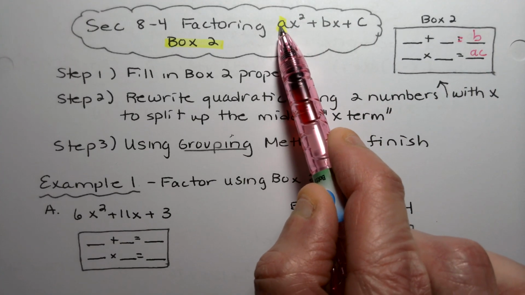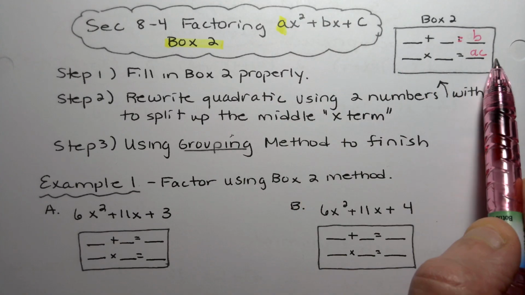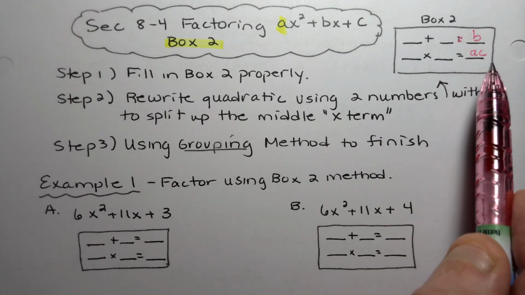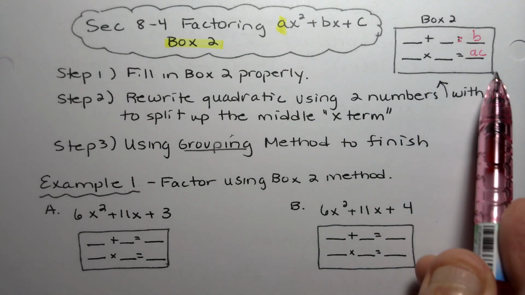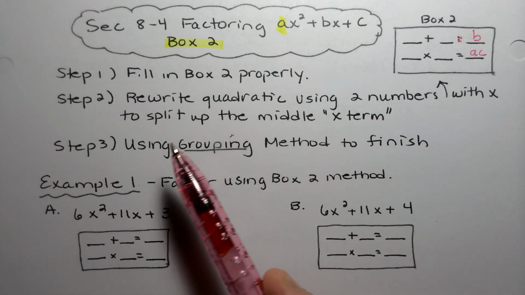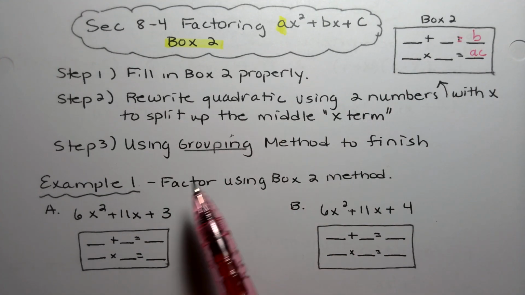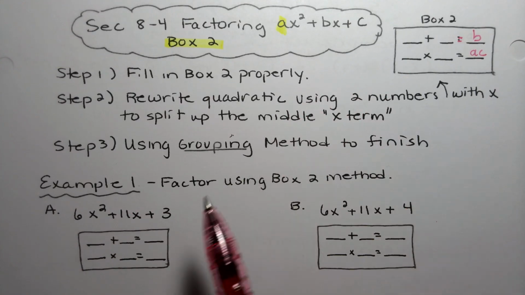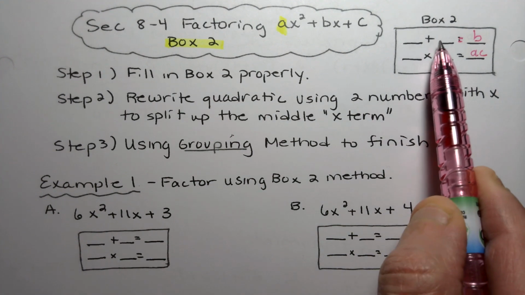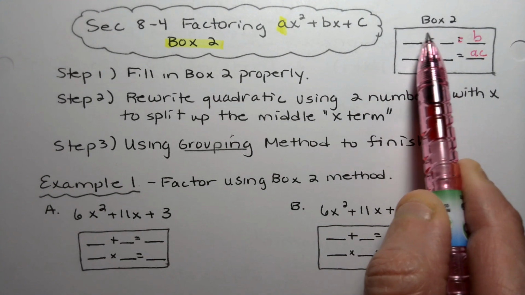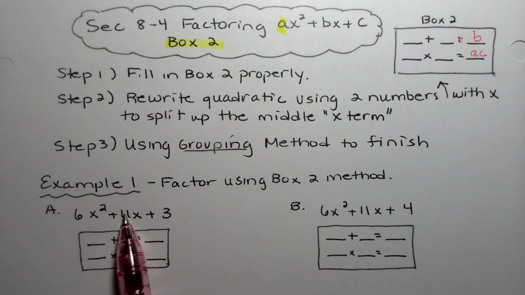Well, now we're dealing with a situation where there's this. So this isn't it. You don't just get to do a box and be done like box 1, but it's the start of it. We're going to fill this box in properly, and then we're going to rewrite our quadratic equation, taking this middle term out and replacing it with the 2 number terms that are in here.